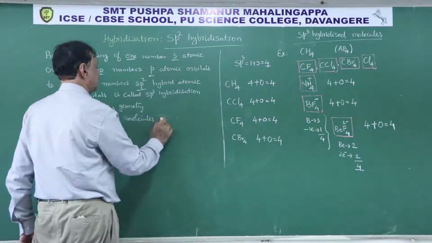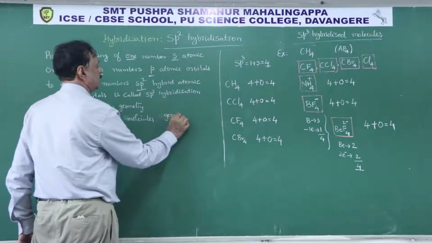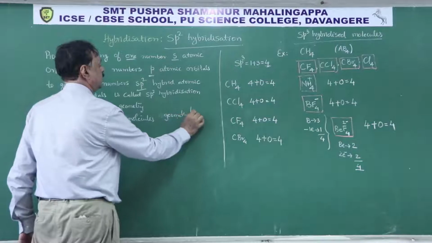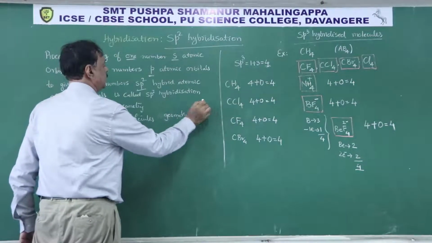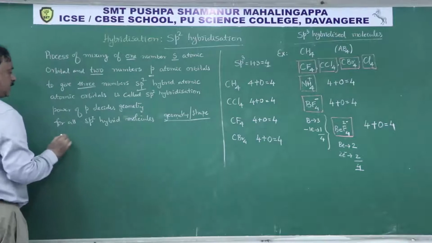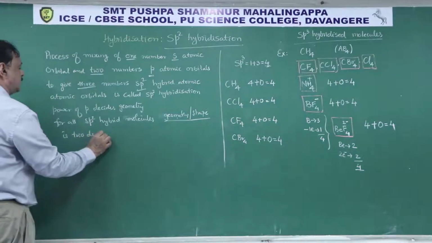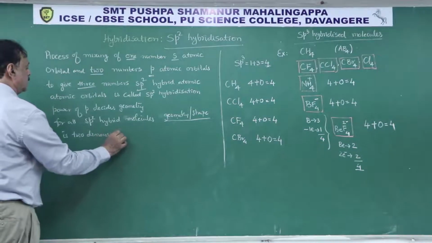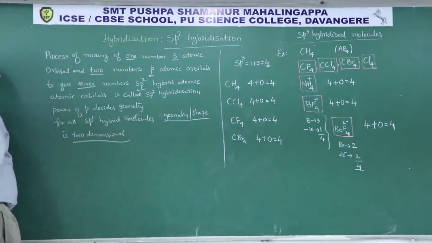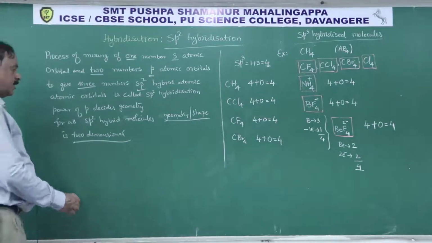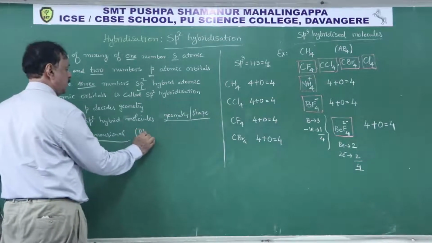Geometry or shape is two-dimensional, that is equal to planar geometry.